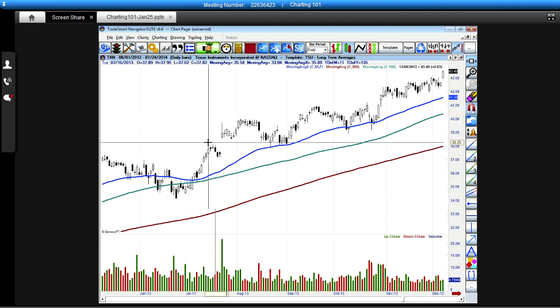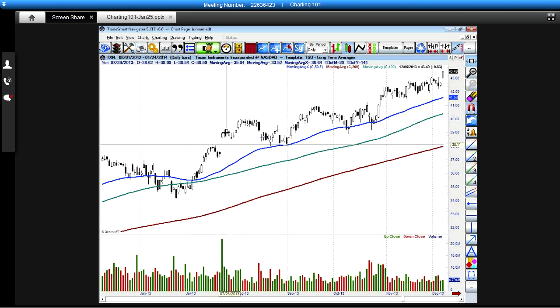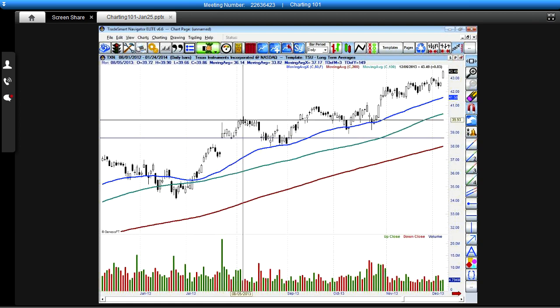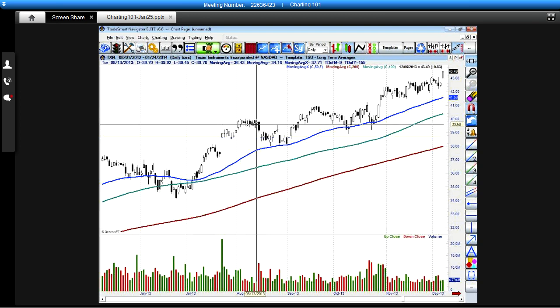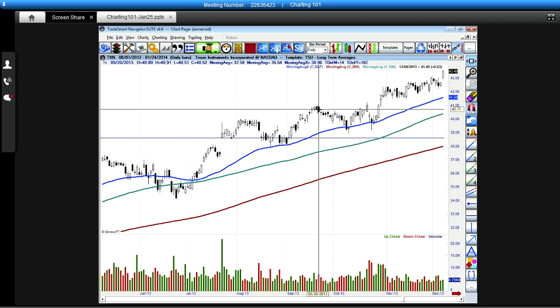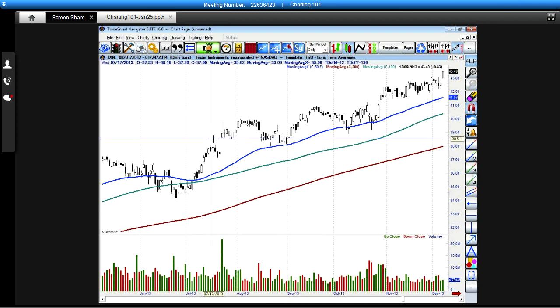Then the price traded up, and if we put a line right there, the price went up a little bit, came back down, tested what is now support, and jumped back up. Didn't really do much. Came back down, got stuck in this general area, came down a little bit more, hit a moving average, and then shot back up and went from there.